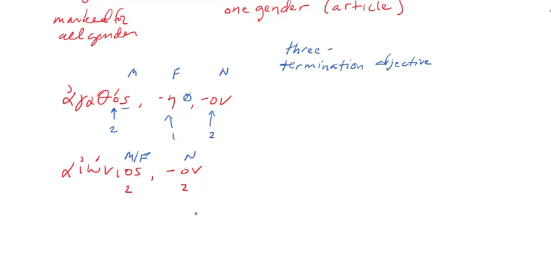The second of the 2 covers the neuter. So we would call this, since there are only 2 possible endings, a 2 termination adjective. In 2 termination adjectives, the first ending covers masculine and feminine. The second one, neuter.